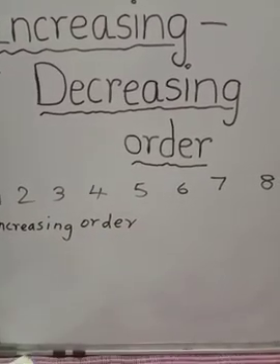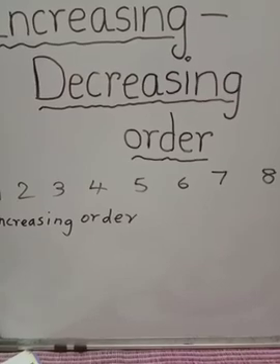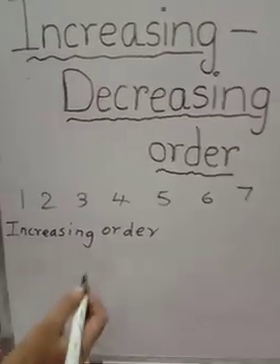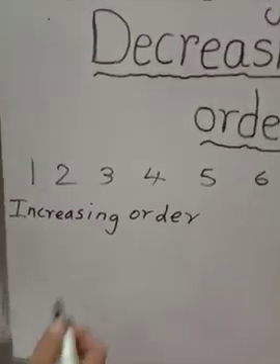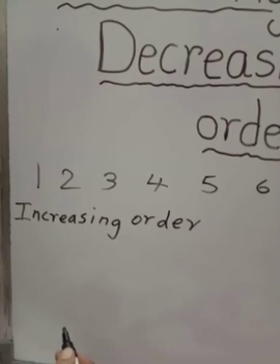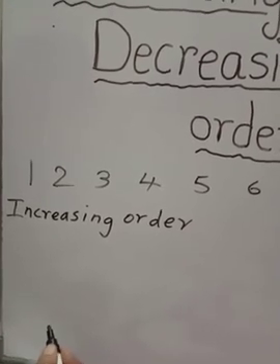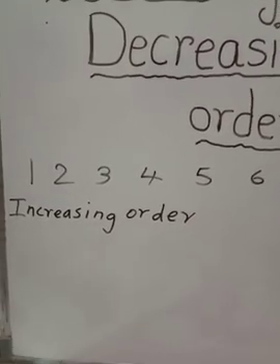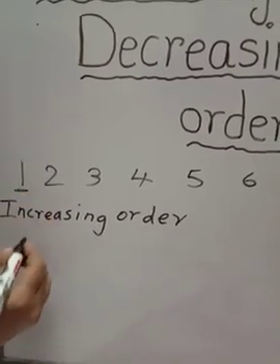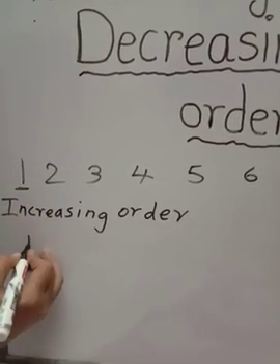Now children, while writing the increasing order, you must keep in mind that it starts with the small number. So starting with the small number in 1 to 9, 1 is the smallest number.